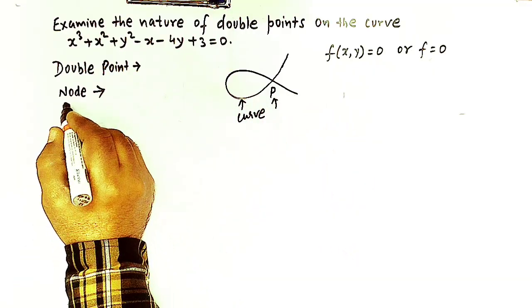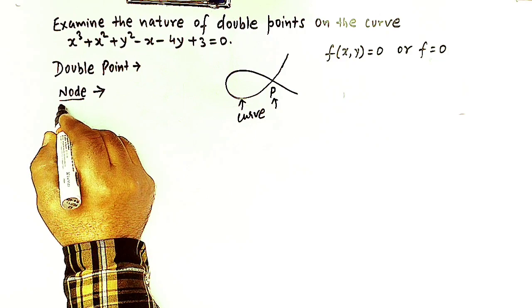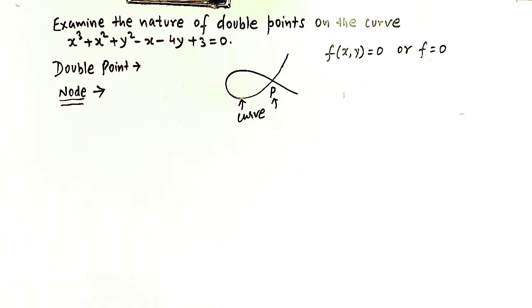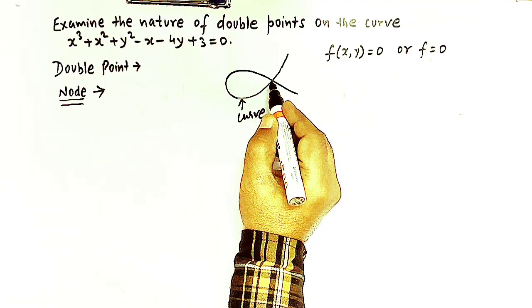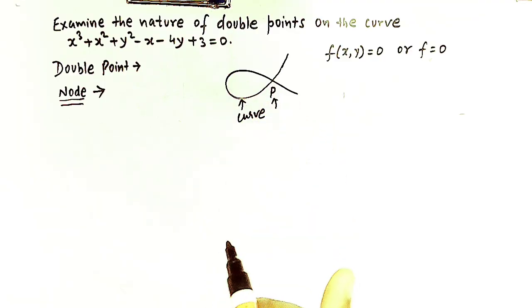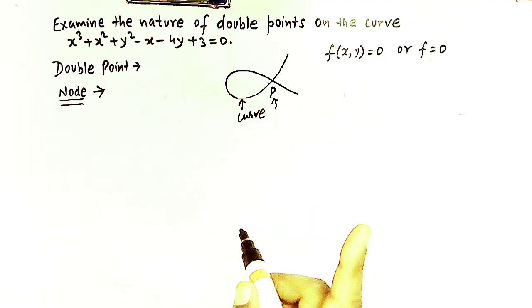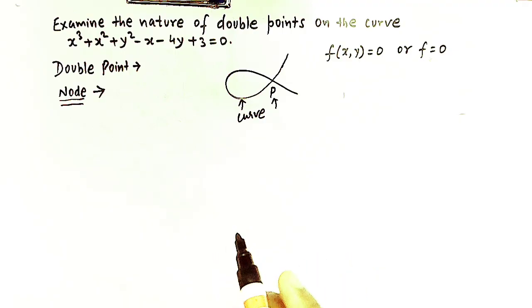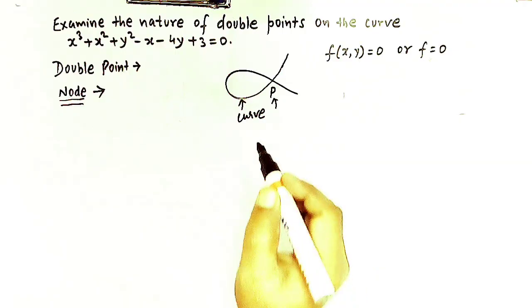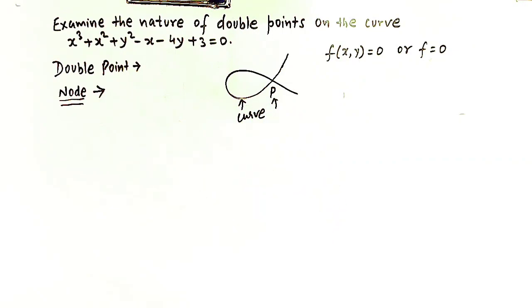And let us now consider the definition of node, right? So if two branches of a curve pass through a point P, and if we draw two tangents at P and the tangents are real and distinct, then this point P is known as a node, right?